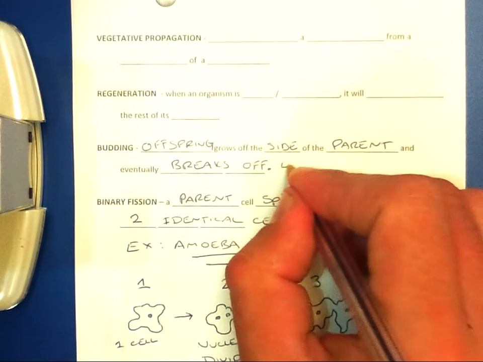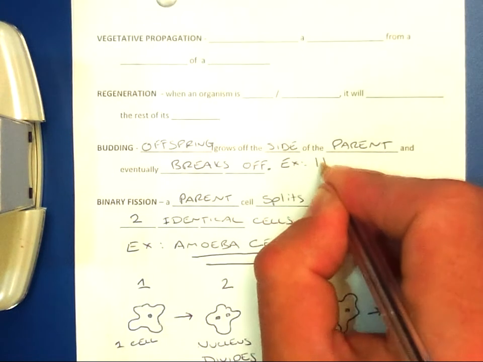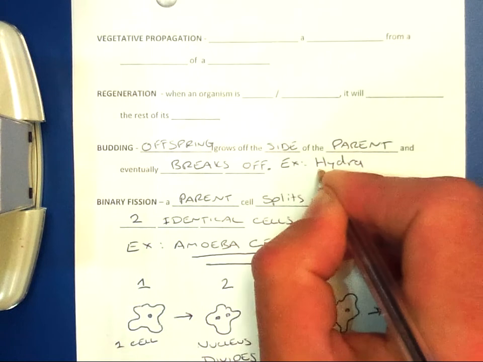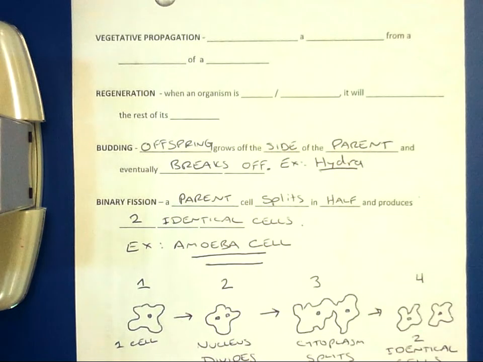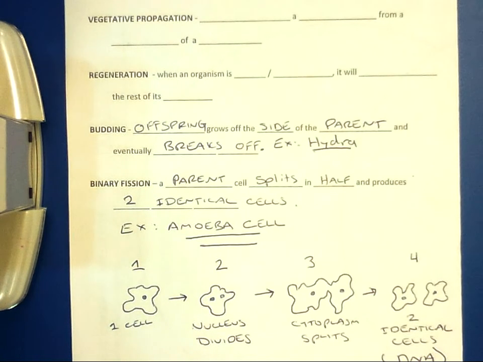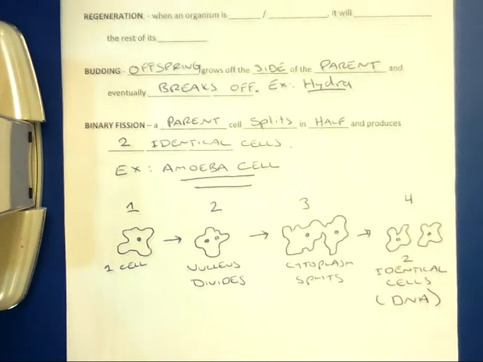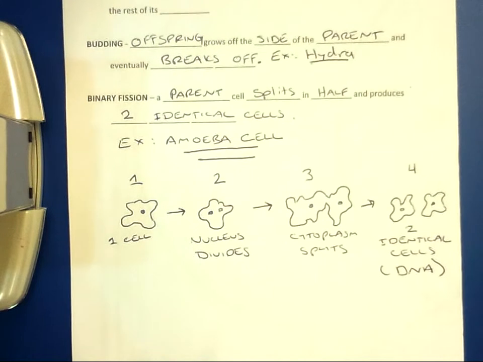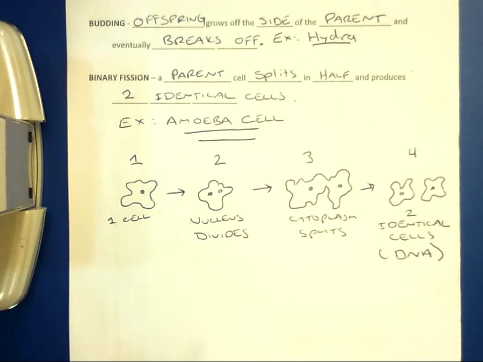In our example from our notes, the test question one was the hydra. So offspring grows off the side of the parent and eventually breaks off.